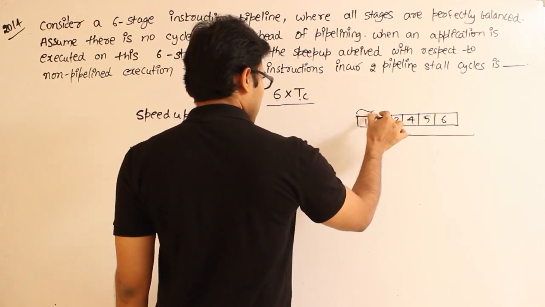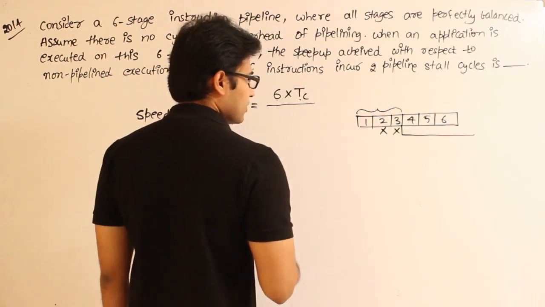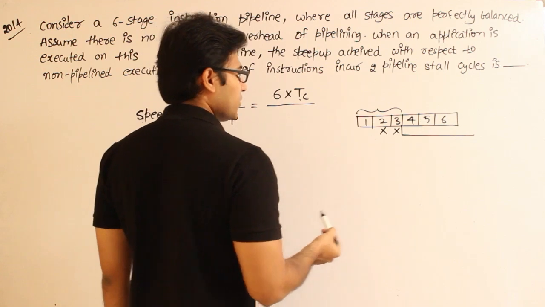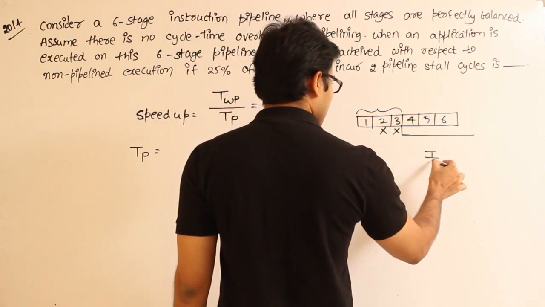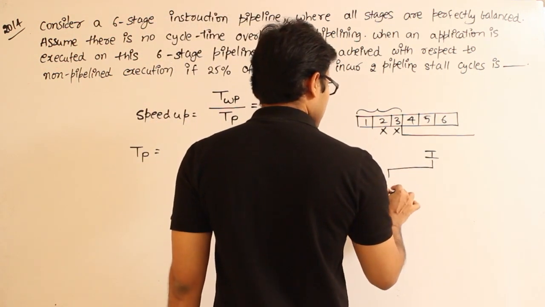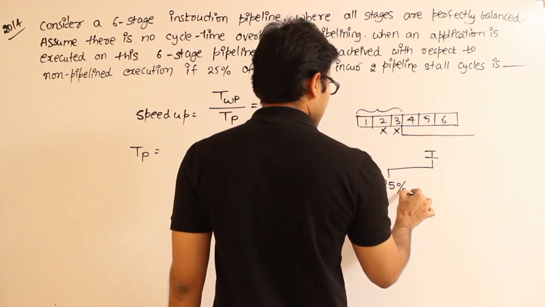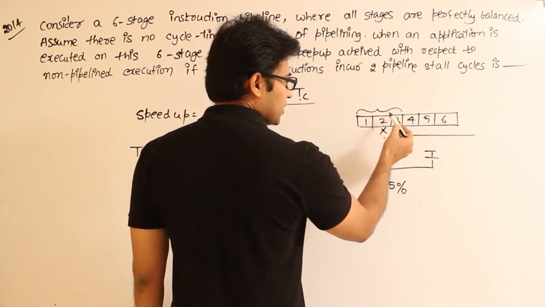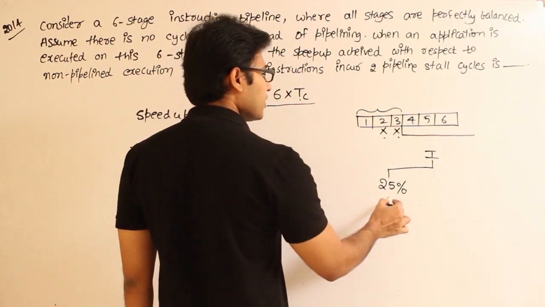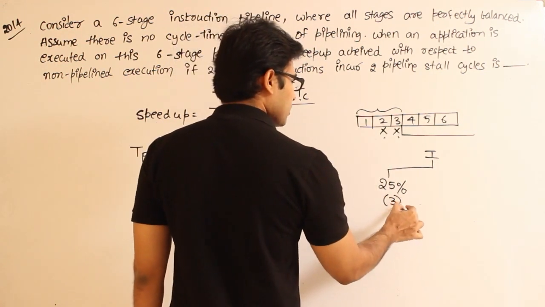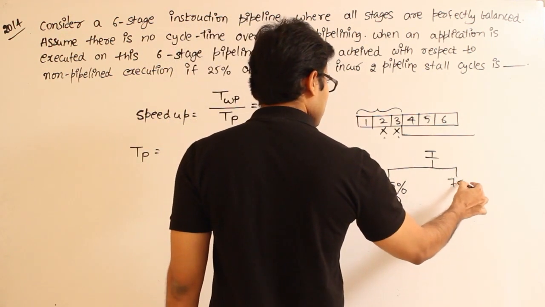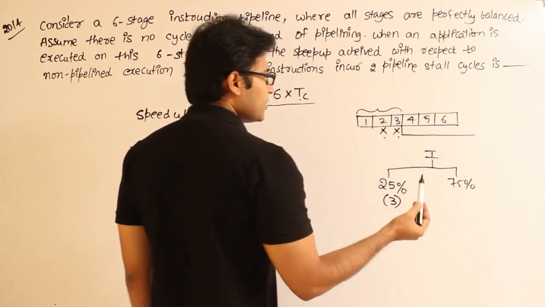Therefore, for 25% of the instructions the time taken will be 3 clocks, and for the remaining 75% the time taken will be 1 clock. Assume the total number of instructions is I. 25% of the instructions have 2 stall cycles, and 2 stall cycles is nothing but 1 instruction every 3 clocks. That is why these 25% are going to take 3 clock cycles, and the remaining 75% of the instructions will be at the normal rate.